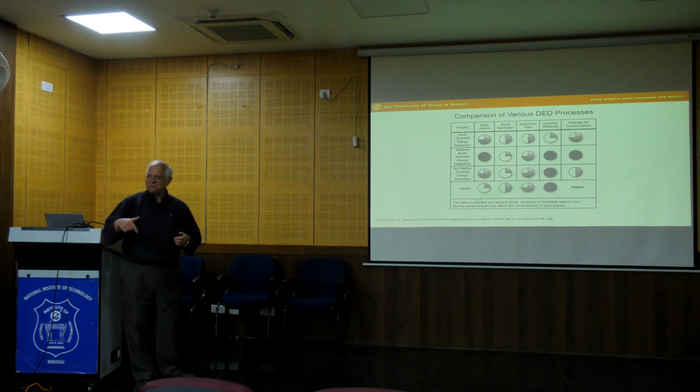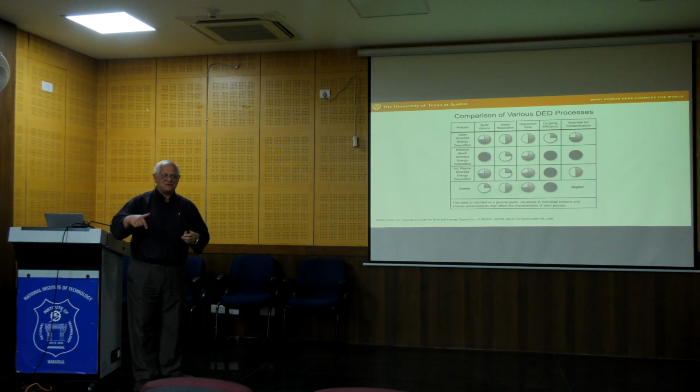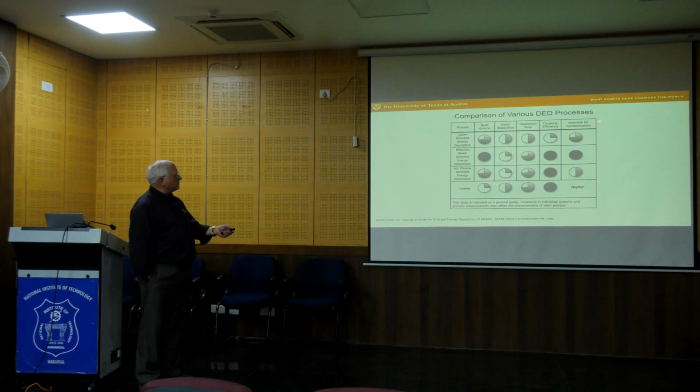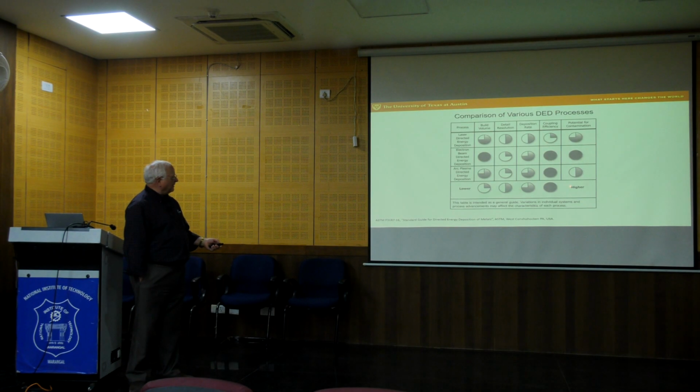Because if the coupling is poor, I have to spend a lot of energy to get a little bit of a part created. And then finally, the potential for contamination. So they have this chart that shows basically you want to look where the highs and lows are.